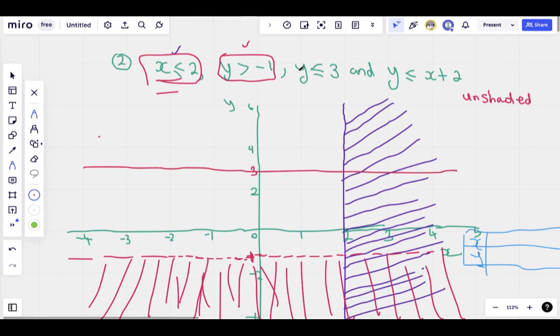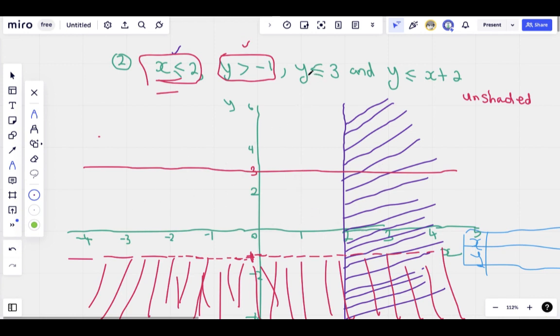Is that okay? Because we are describing y. Are you with me? Yes. Okay. It says y is lesser than or equal to 3. Lesser than is at the bottom this way. Where y is lesser than 3 is below 3. That's where the inequality is correct.